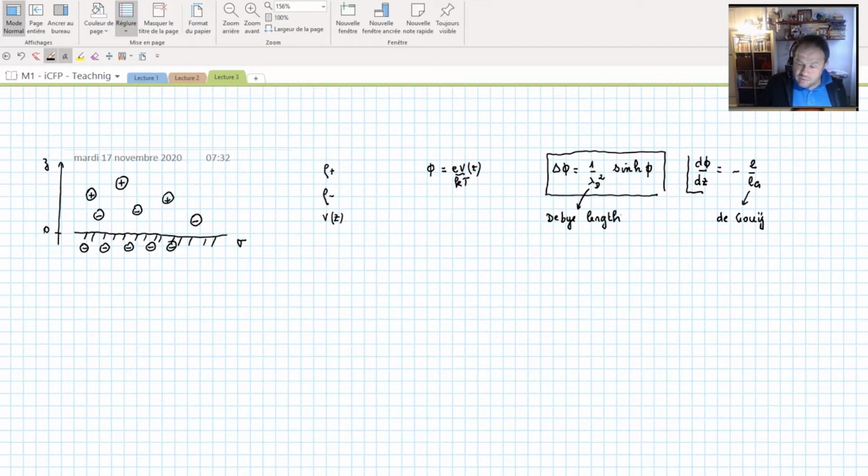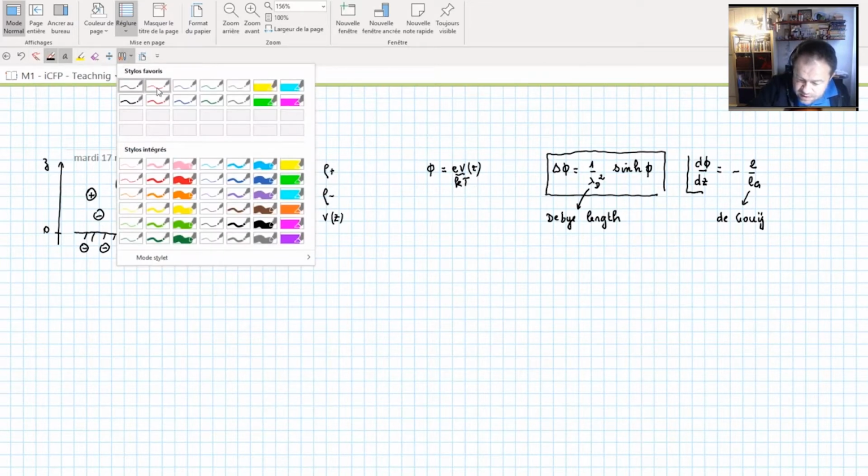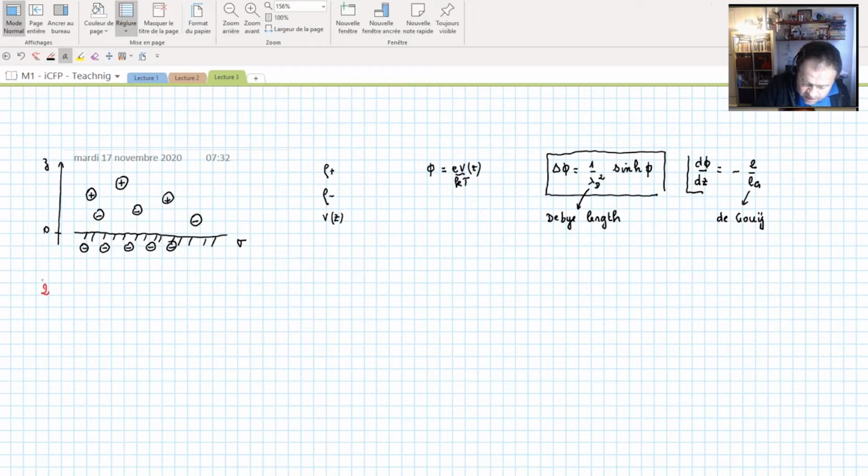We were exactly at this point, and what we wanted to do was to solve this equation, and it is what we will try to do today. It will be the second point here, which will be solving the Poisson-Boltzmann equation.